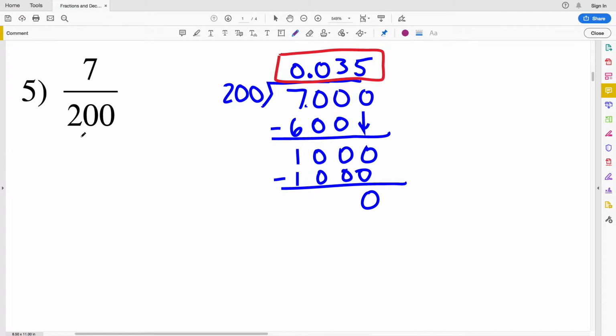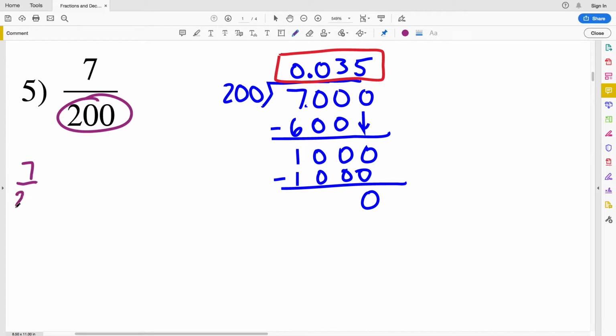Now quickly, I'll make a note of another way to think about this. Although if this is a little confusing, just keep doing the long division method. So remember when I said that we want our denominator to be either 10, 100, 1,000, or so on. 200, we can break that up, dividing it by 2 to get to 100.